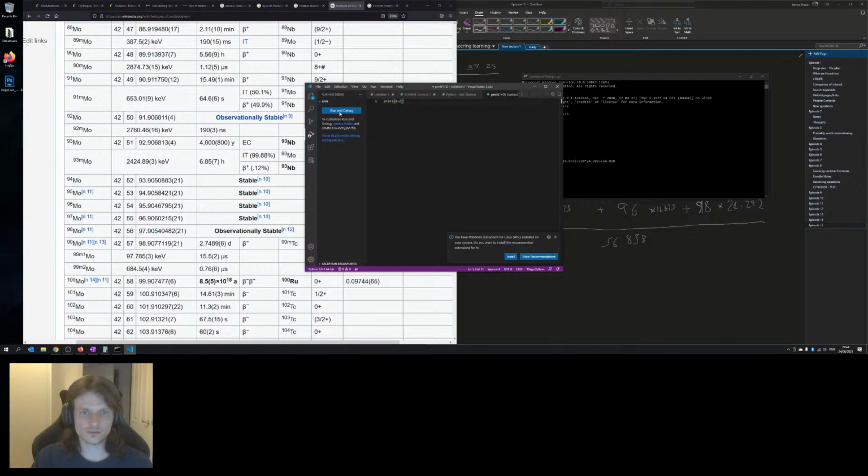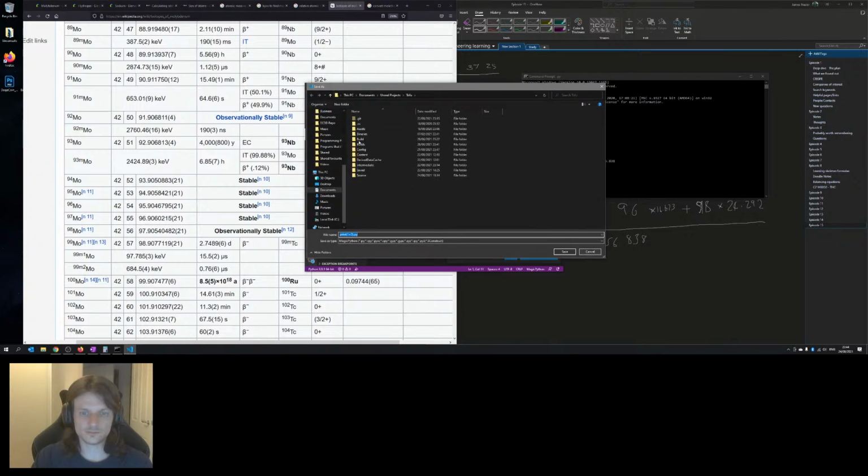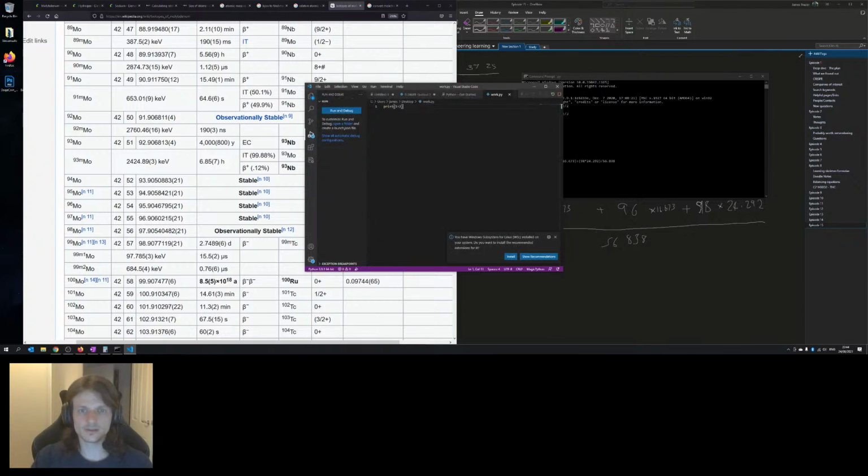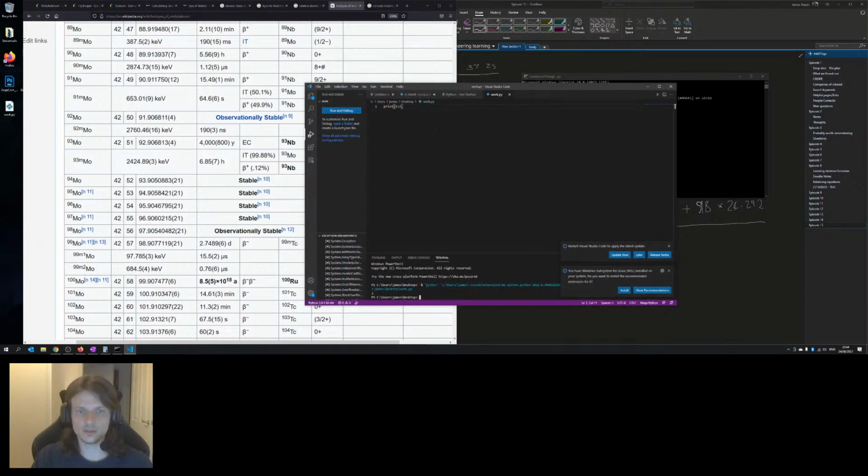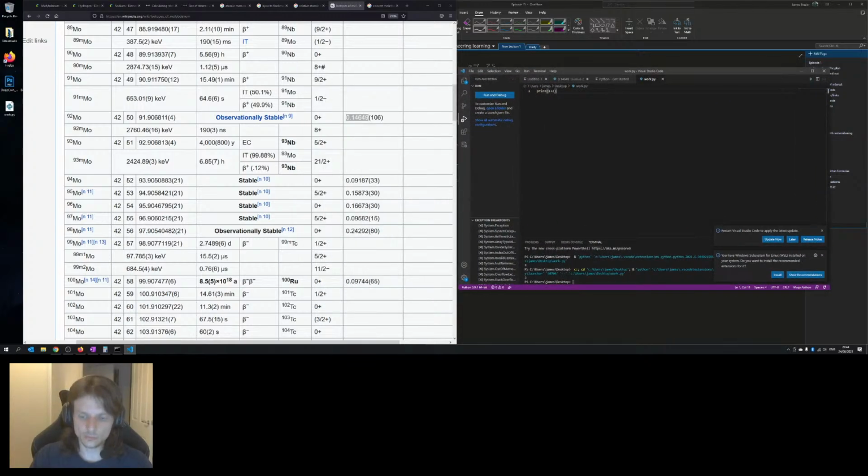Run debug. Desktop. Work.py. Are you working? Oh, it does work. Cool. How did I do that then? So do I just do F5, right? Okay, cool, I like it. Let's do it.